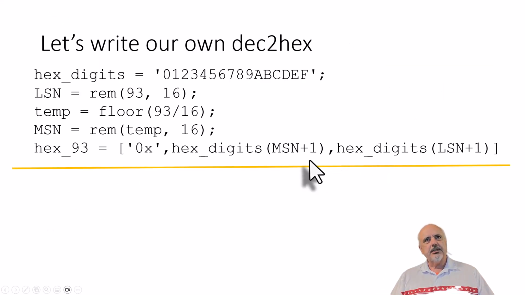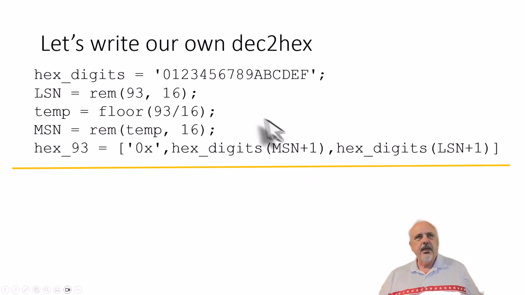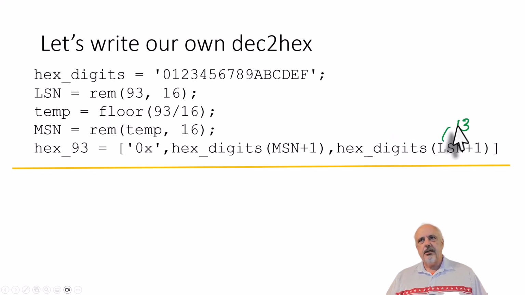Okay, so let's look at this, and we could write our own decimal to hex function. We could give ourselves some hex digits. So we have 16 hex digits right there, starting at 0. And then we do our remainder function to get our 13. So our 13 is going to be our LSN.